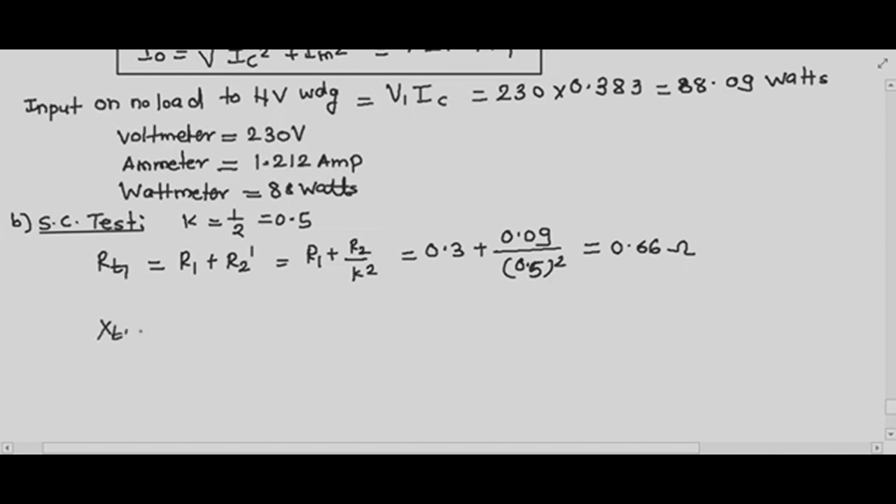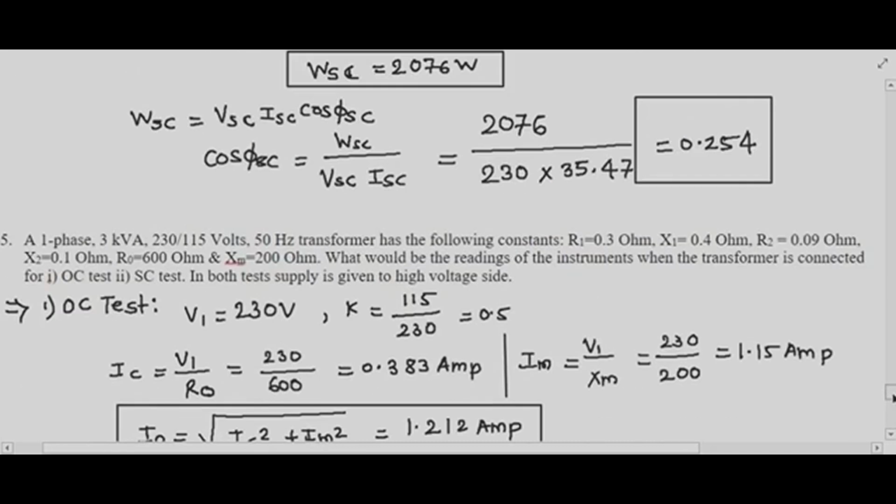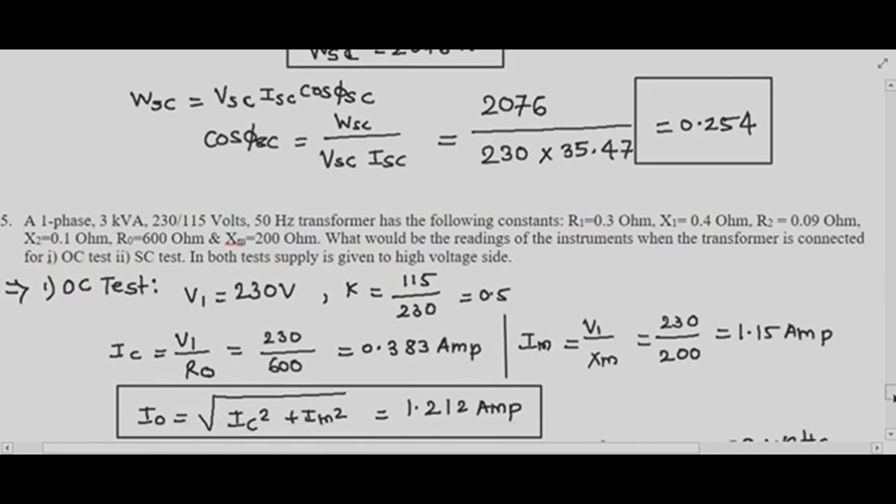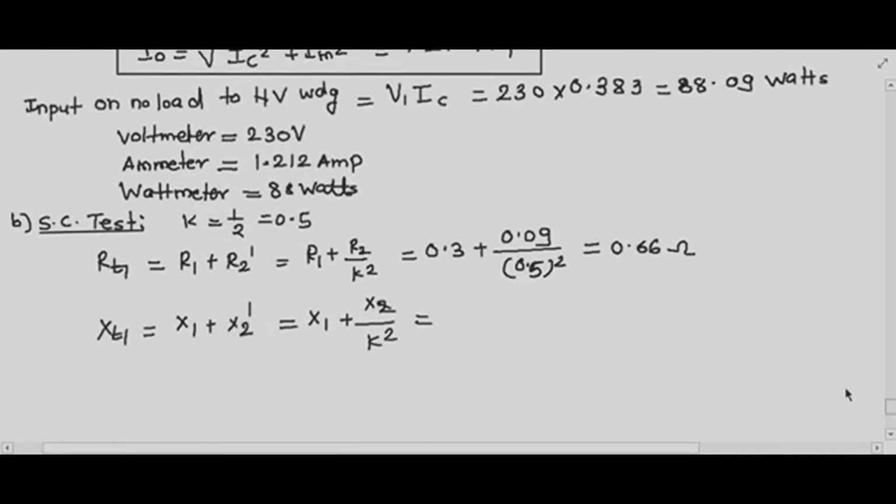Similarly, XT1 is equal to X1 plus X2 dash, which is equal to X1 plus X2 by K square, right? So what is X1? It is given in the problem. X1 is 0.4 and X2 is 0.1. Okay. So if you put the values, you will get this as 0.8 ohm, right?